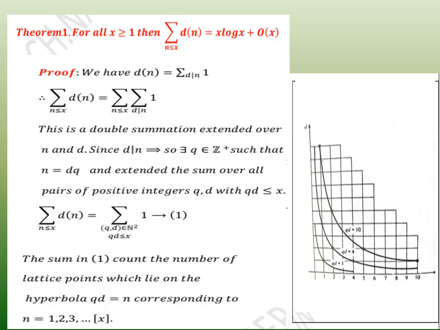The line shows the hyperbola, a classic hyperbola, and the points which are on this curve are the lattice points that satisfy the equation qd is equal to n. If we join all these, we get the hyperbola.